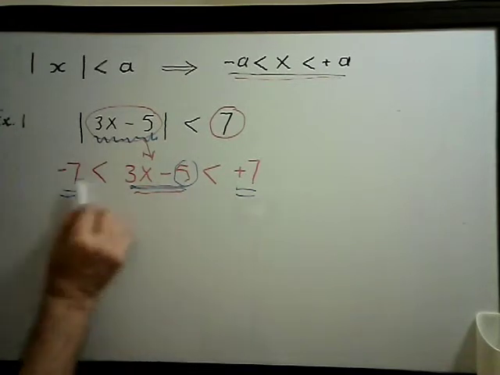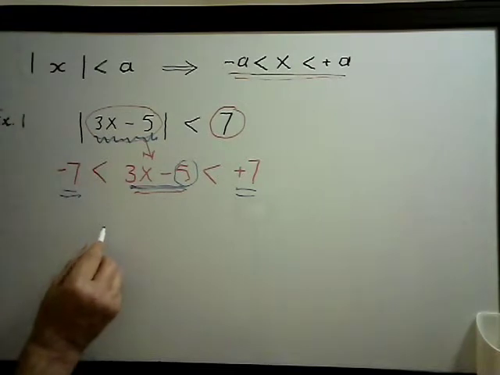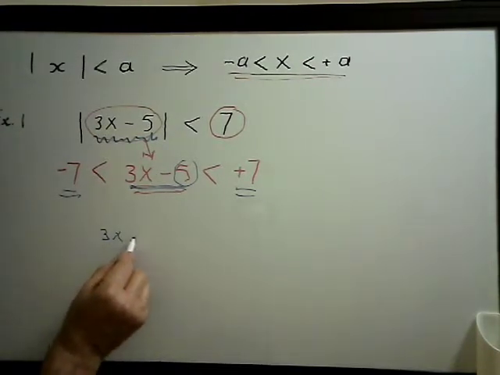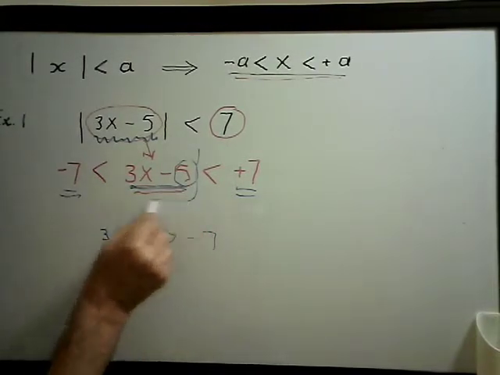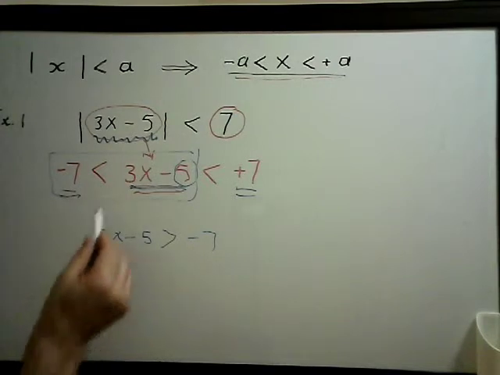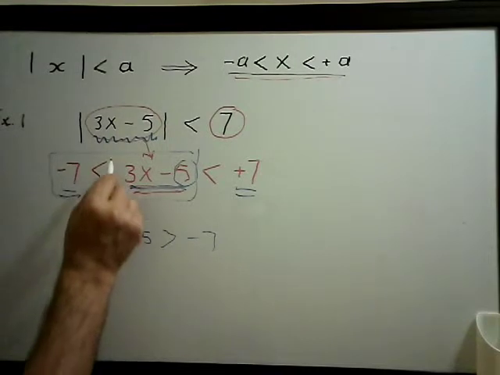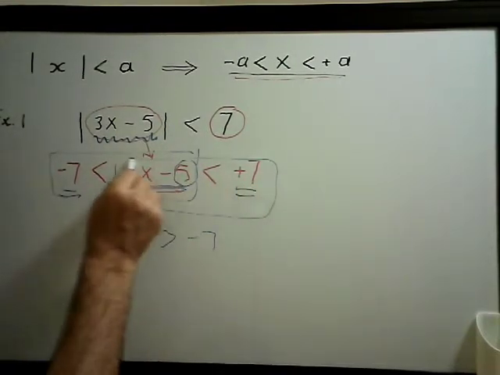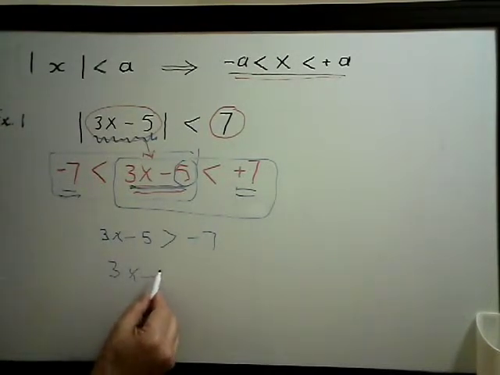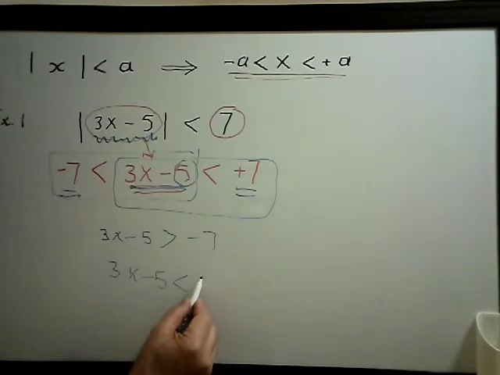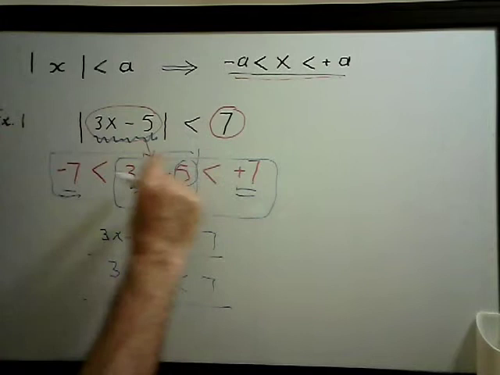These are two inequalities together actually. This means 3x minus 5 is greater than negative 7, and 3x minus 5 is less than 7. So these two inequalities are written together in one line here.